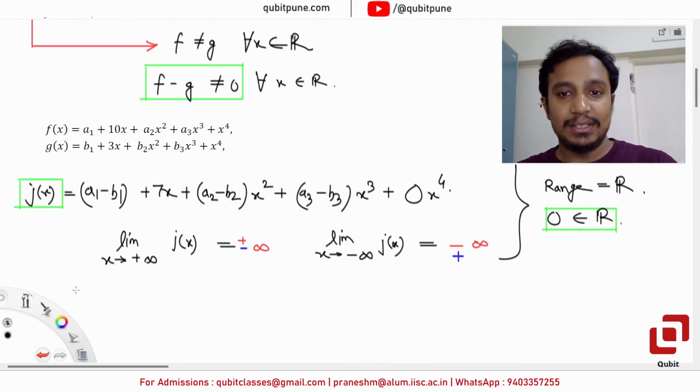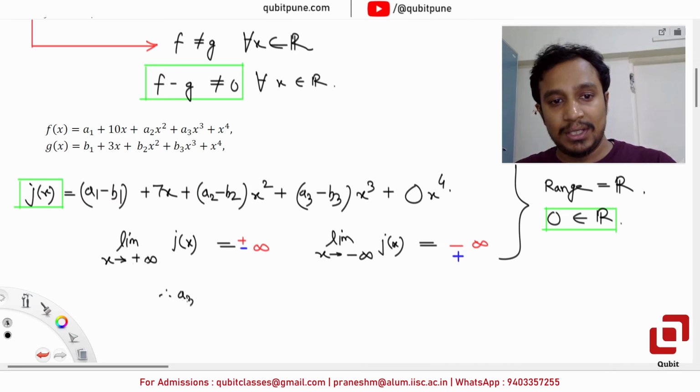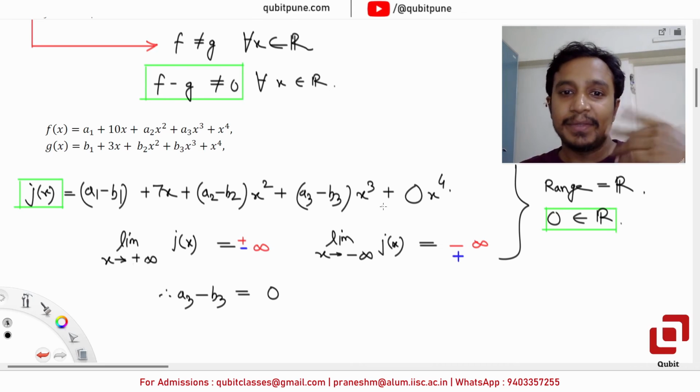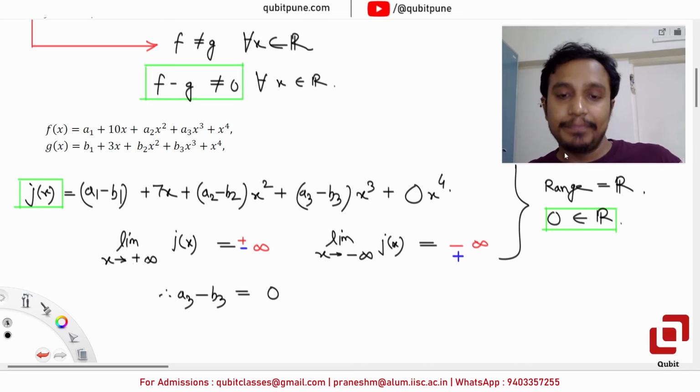The only conclusion that we can draw is a3 minus b3 has to be 0. Otherwise, even if it is a positive number or a negative number, the range will include 0 there, okay, by the intermediate value theorem. तो a3 minus b3 0 होना चाहिए.